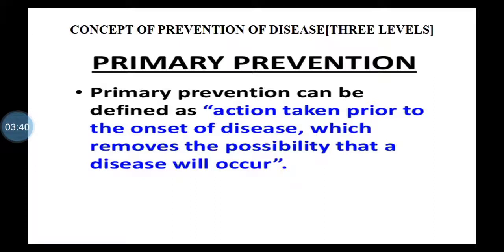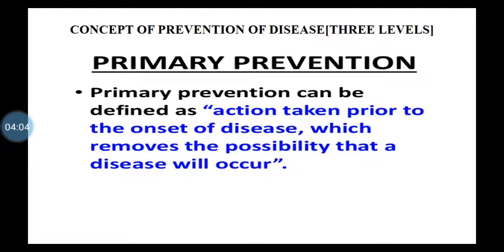Now, what type of action is to be taken at the primary level? The action means the measures that are to be followed which will increase the standard of living, and general well being can be promoted.